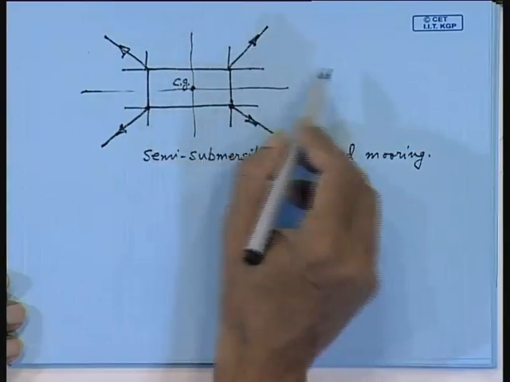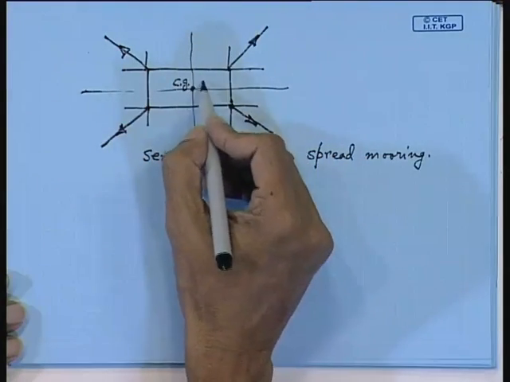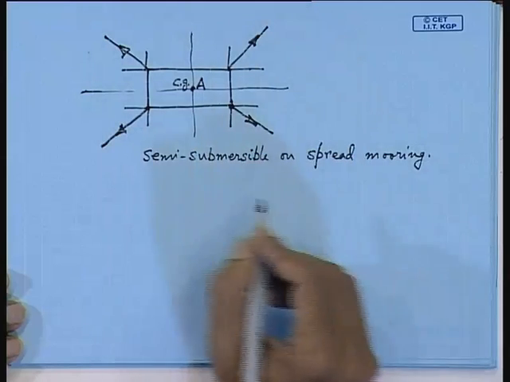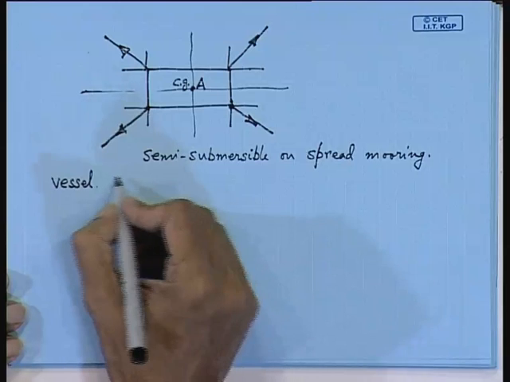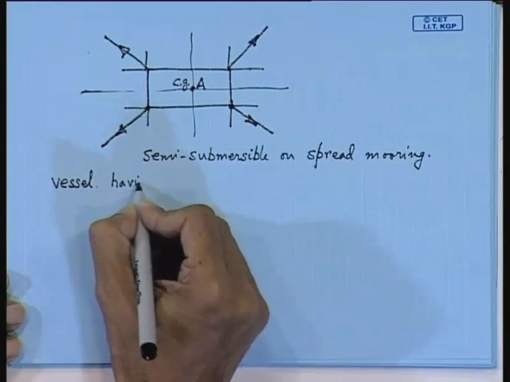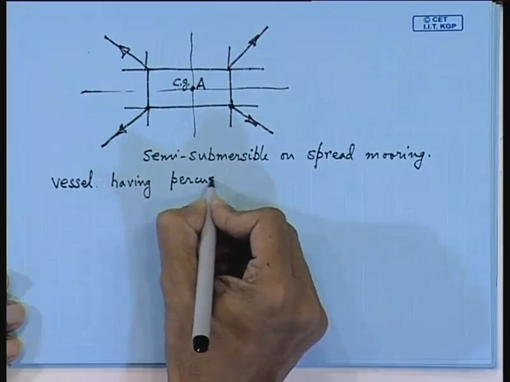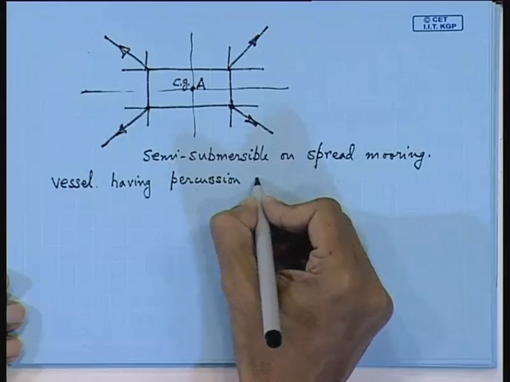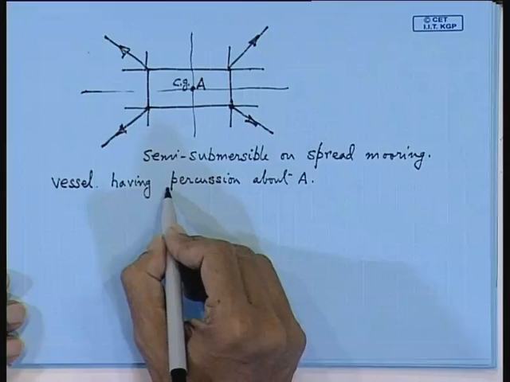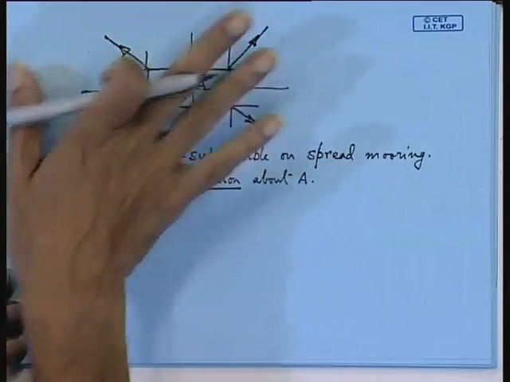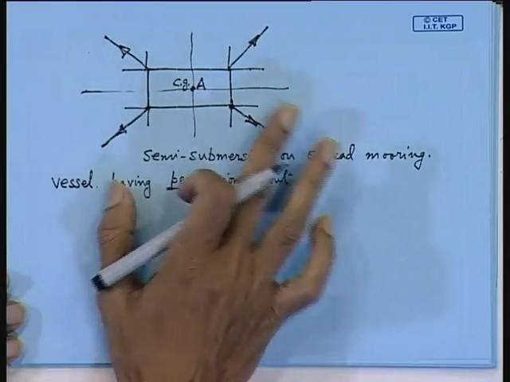So the vessel is actually going in this form, round like this, about this mean position A. So the vessel is having a percussive motion about A. The heave one I have not analyzed, but simply your surge and sway motions.